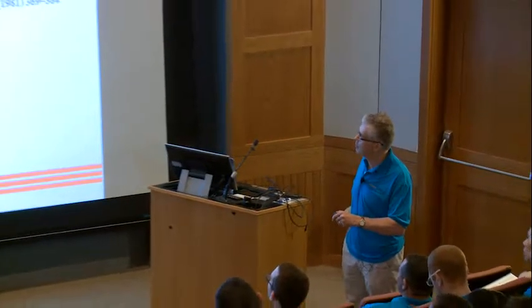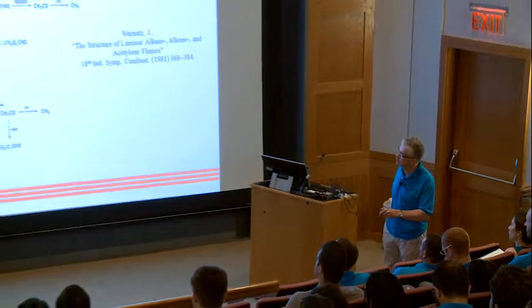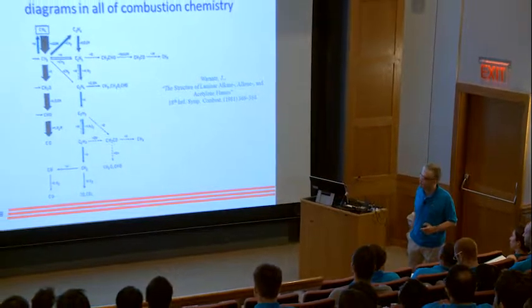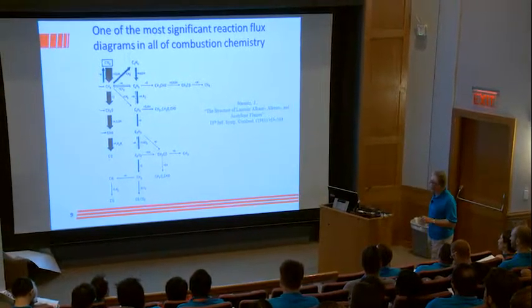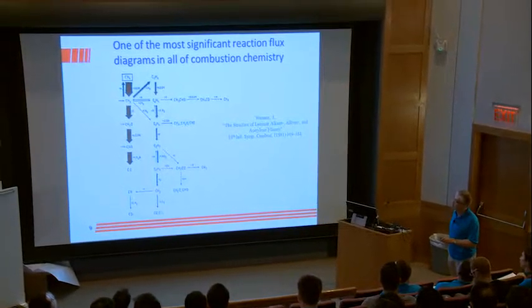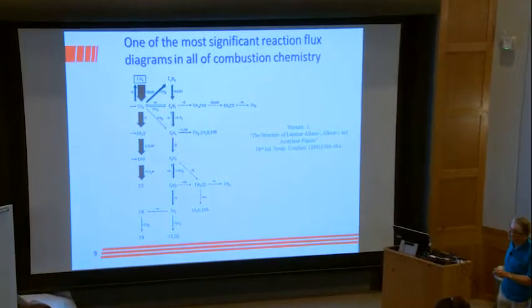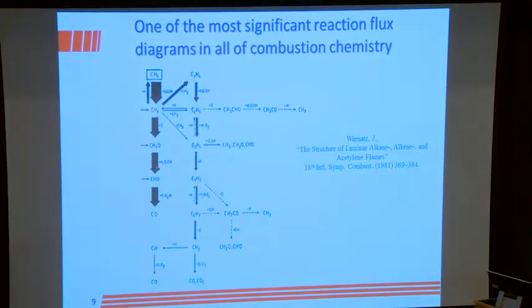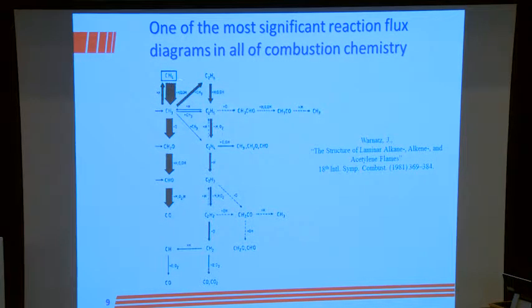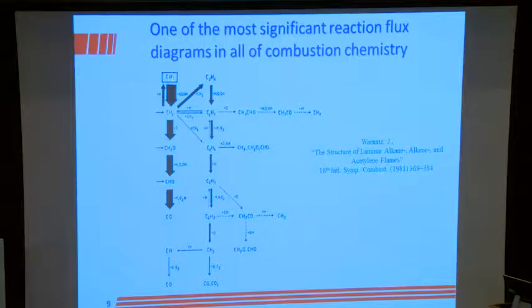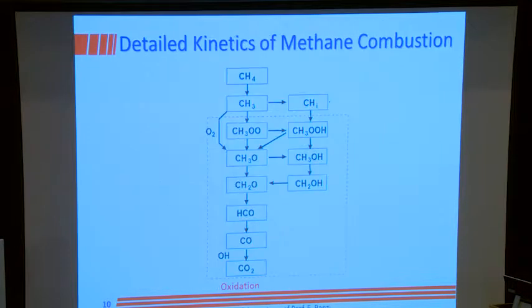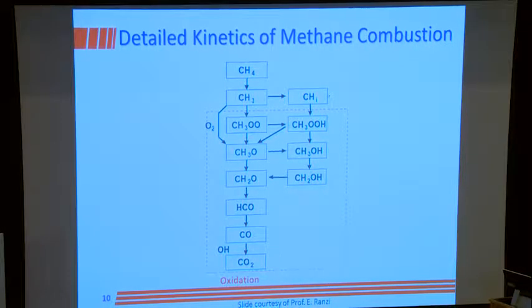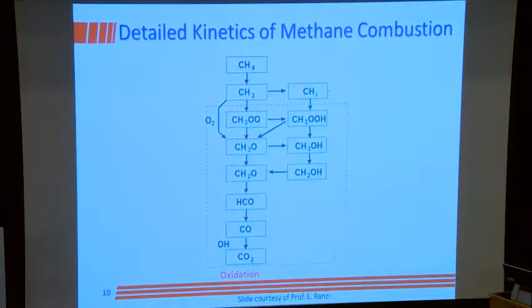But actually one of the first schematics of this kind was published by Jürgen Warnatz back in 1981, where he showed the mechanism for methane oxidation involving ethane and then ethylene and acetylene and so on. And you can see here the major pathways for propane oxidation. So propane oxidizes to give methyl radical. A more modern one, I've taken it again from Professor Eliseo Ranzi from Milan.